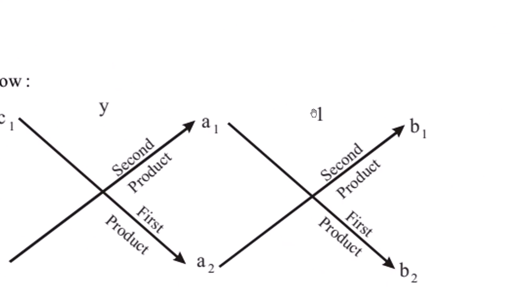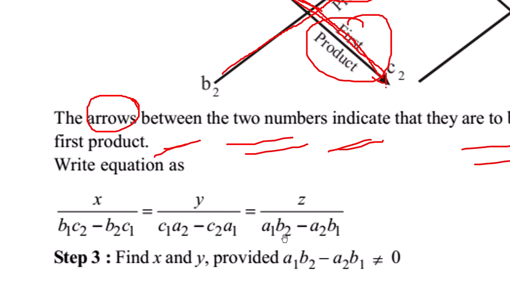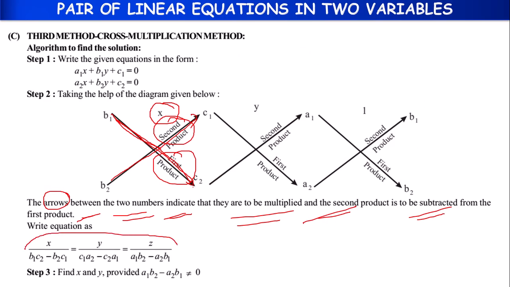Here, children, we can take z by a1 b2 minus a2 b1. So this is the equation, the relation between the variables and coefficients in the cross multiplication method.